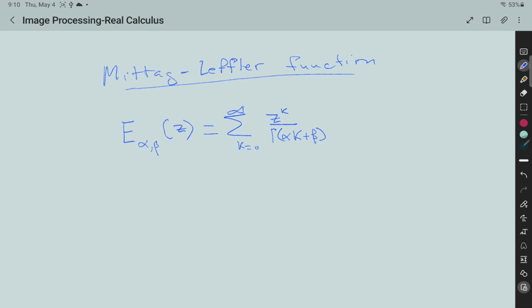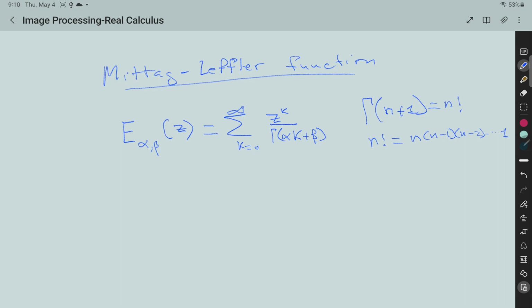And of course, one of the properties of the gamma function is that the gamma function of n plus 1 is equal to n factorial. Remember, n factorial is n times n minus 1 times n minus 2, and so on, all the way down to 1.